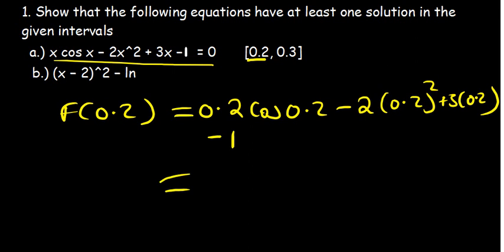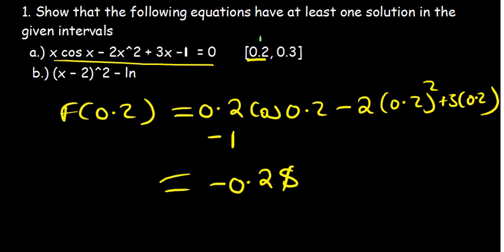So grab your calculator and perform the calculations there. So 0.2 cos 0.2 minus 2 multiplied by 0.2 squared, plus 3 multiplied by 0.2, minus 1. So the value that I'm getting is negative 0.28. So take note of that value.